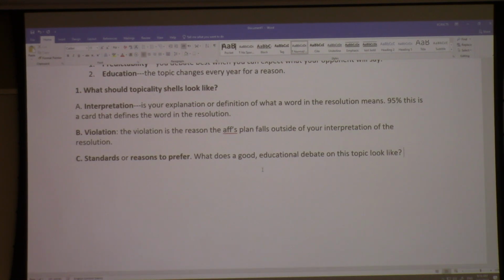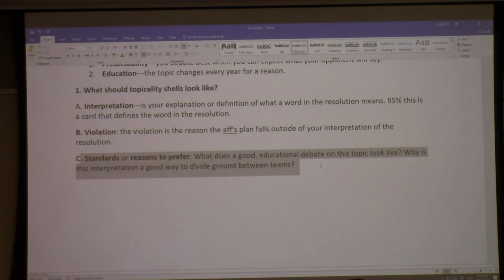So what does a good educational debate on this topic look like? And why is this interpretation a good way to divide ground between teams? You'll use the standard section of the topicality shell, or your topicality violation, to explain why your interpretation of the resolution provides a good basis for debate, educational and predictable debates, and the affirmative's interpretation of the resolution, which includes their plan, would not.